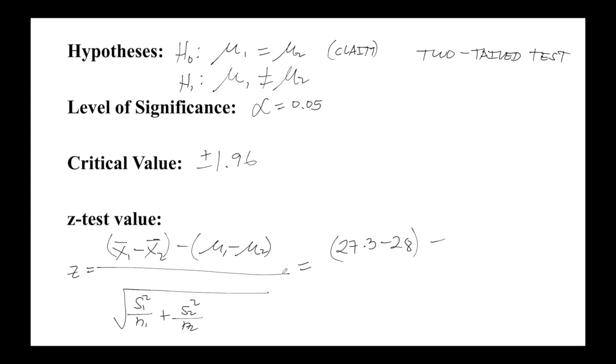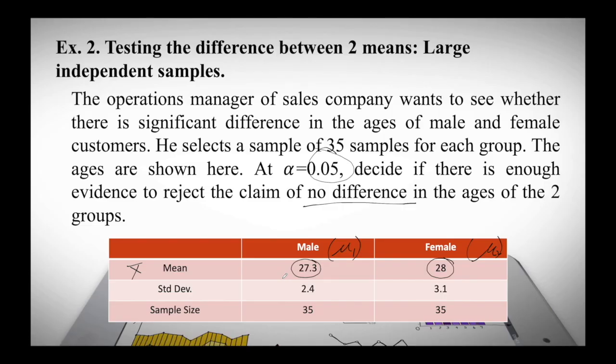Mu sub 1 is, again, by the definition of our variables, as I mentioned at the very start, mu sub 1 and mu sub 2 are the expected difference. And we don't have an expected difference right now because we're only just looking at the data. As you can see on the given data, this mean is X bar, not mu.